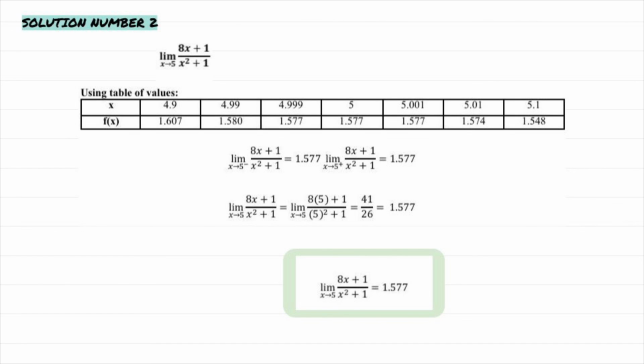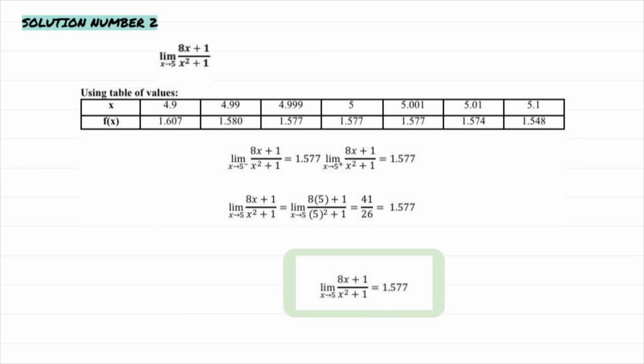Now the next thing we are going to do is also substitute 5 into our function, which will give us 41 over 26, or in decimal 1.577. Therefore, the limit as x approaches 5 of the function (8x plus 1) over (x squared plus 1) is equal to 1.577.